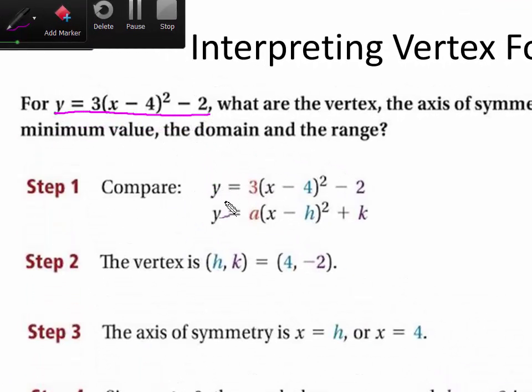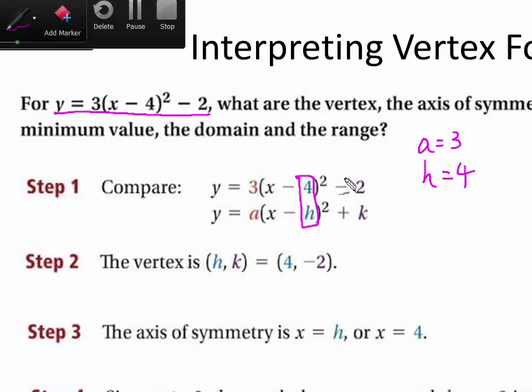So the first step, we just line up the question with the generic formula of the vertex form. When we line them up, we know a equals 3 and h equals 4.